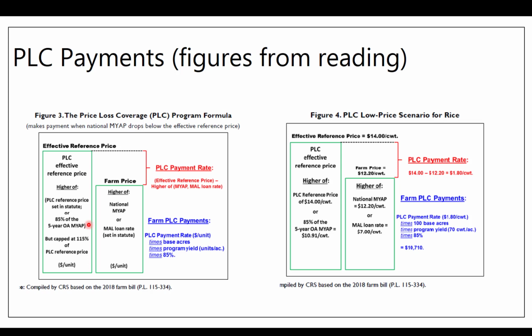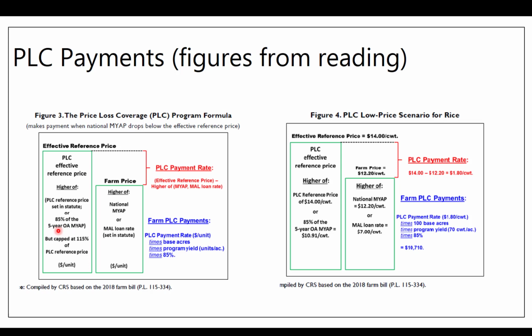This Olympic average 5-year tracking of prices is meant to keep the statutory price from being out of date. And so instead you could get 85% of the Olympic average price for 5 years. An Olympic average just means take away the largest value and the smallest value and calculate the average of what's left.